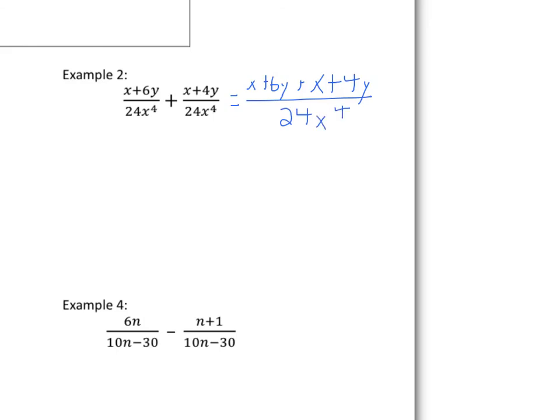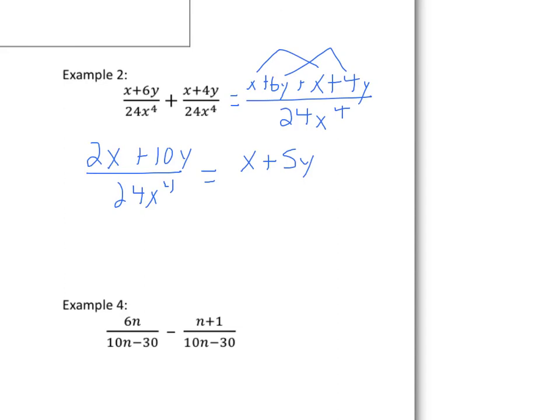Now we have some common numerators here. 2x plus 10y all over 24x to the fourth. Now that we've combined the two fractions, now you can ask yourself, do they all have something in common? And they all do. They're all divisible by 2. So I can get x plus 5y all over 12x to the fourth.